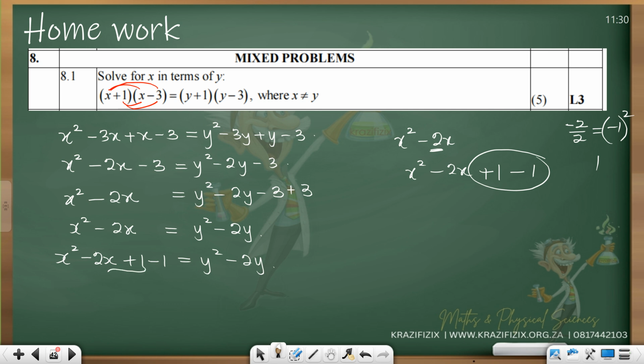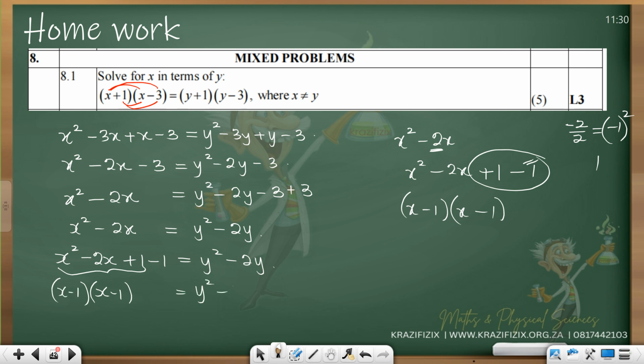Now, if I look at this, that's a perfect square trinomial, because this I can factorize. Forget about this negative one. It is x minus 1, x minus 1. I see where we are going. So this is x minus 1, x minus 1.